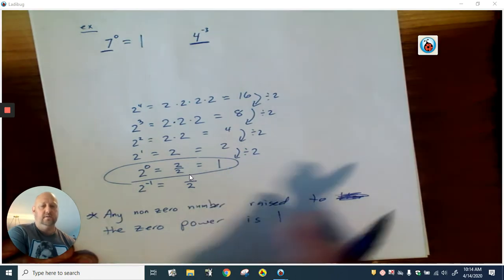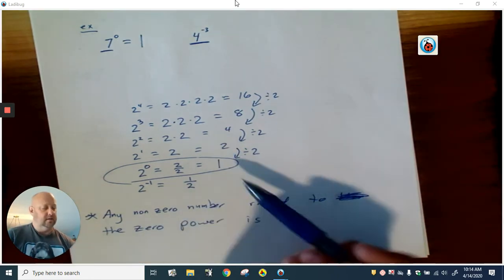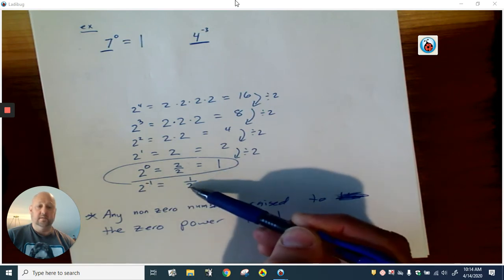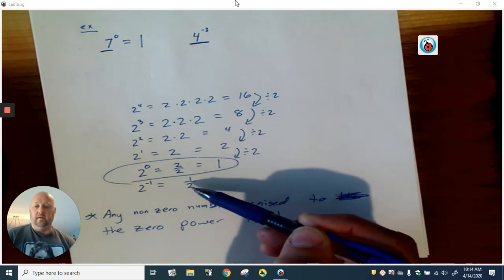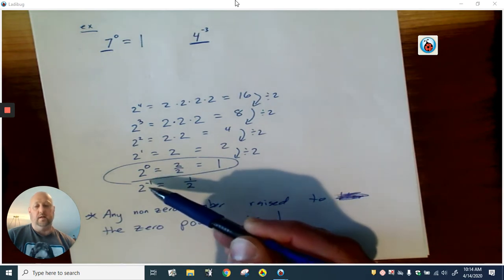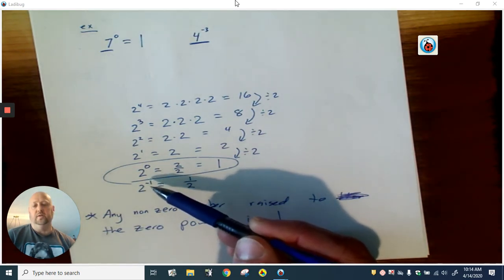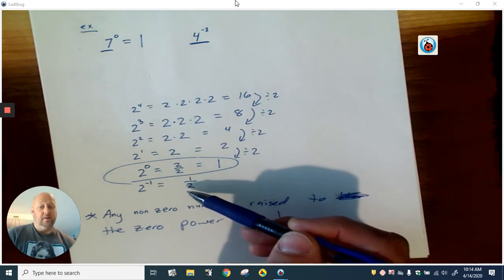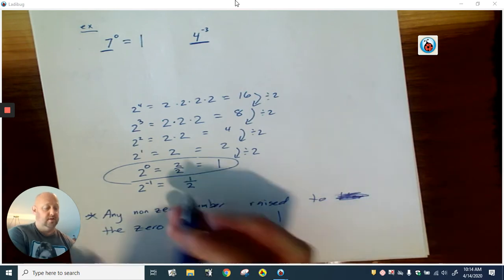So all that happens is we end up having a positive number in the denominator. What I want you to understand is negative exponents do not mean negative numbers. What they actually typically mean are small numbers.